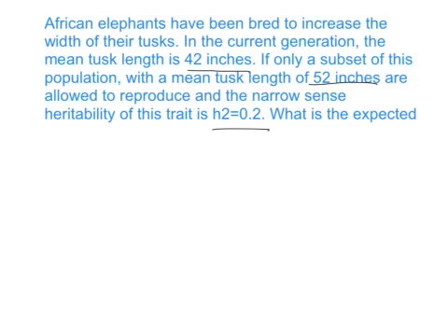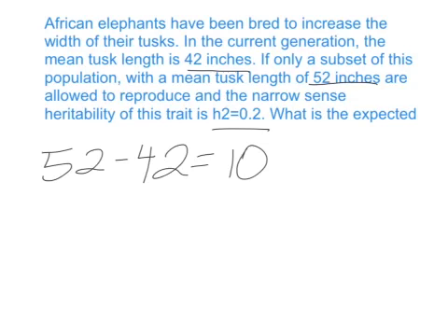What we do know is that the mean tusk length is 42 inches, and the tusk length allowed to reproduce is 52. From there, we can subtract 52 by 42, and we get 10. We know H2 is equal to 0.2, and we know this 10 represents S, the selection differential.